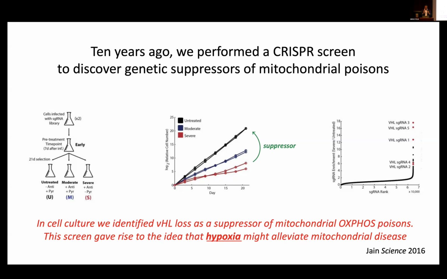Now, if you just think about that for about 5 microseconds, you realize that that's illogical, right? The mitochondrion consumes oxygen. So if it's broken, if anything, you have too much oxygen. So it's illogical to actually give more oxygen. And in fact, the screen supported that more logical explanation that maybe low O2 would be beneficial.